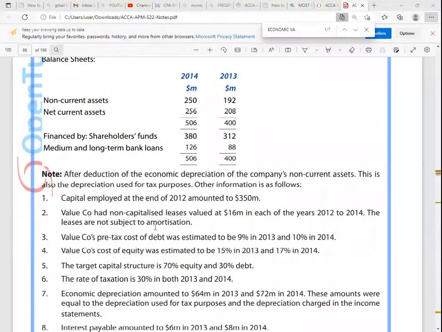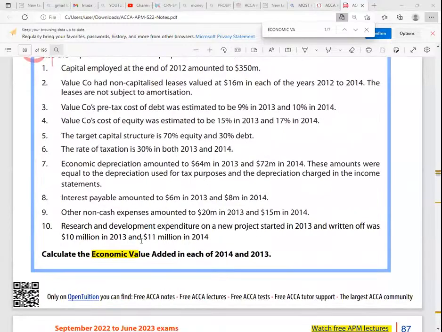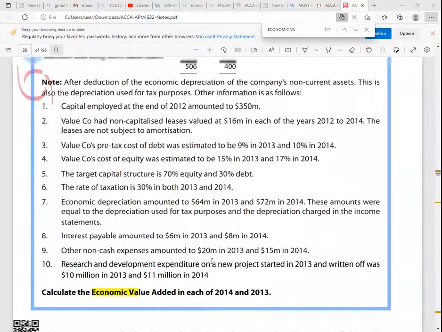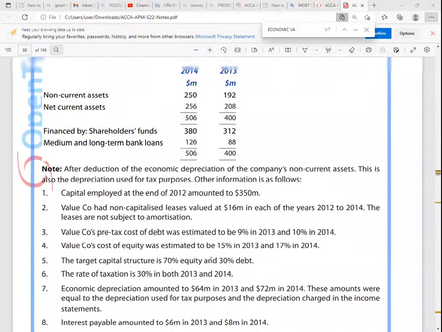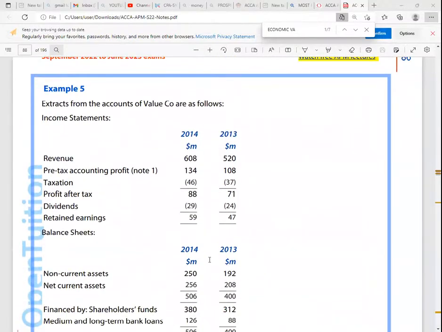The leases are not subject to amortization. So what do they want us to do here? Something very easy: calculate the economic value added in each of the years, 2014 and 2013.